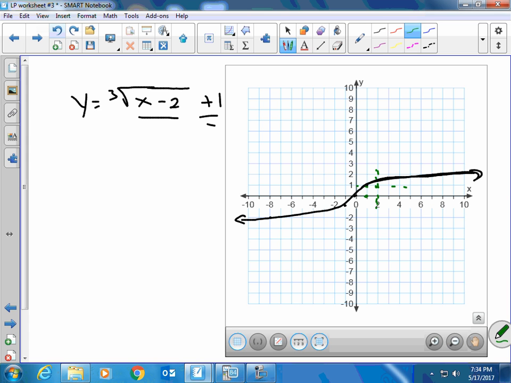I go left 8 and down 2. I go right 1 and up 1. I go right 8 and up 2. Always going back to this shifted origin, shifted xy axis. And I sketch my graph. Comes from here, try to go smoothly through there, and up. There is my new graph.